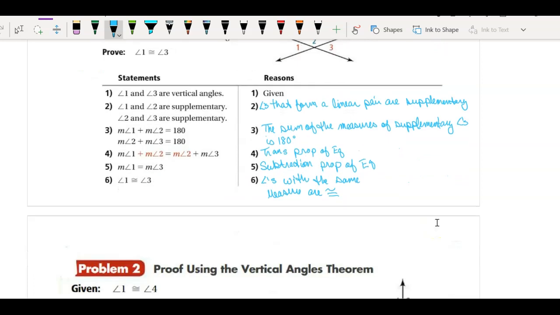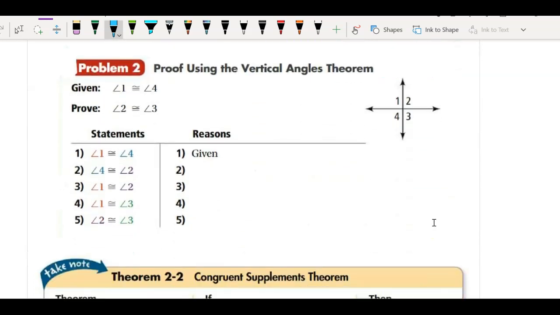Now let's go on to another example. Let's try this one. We're going to use the vertical angles theorem in this proof. They tell us that angle 1 and angle 4 are congruent. We want to prove that angle 2 and angle 3 are congruent.